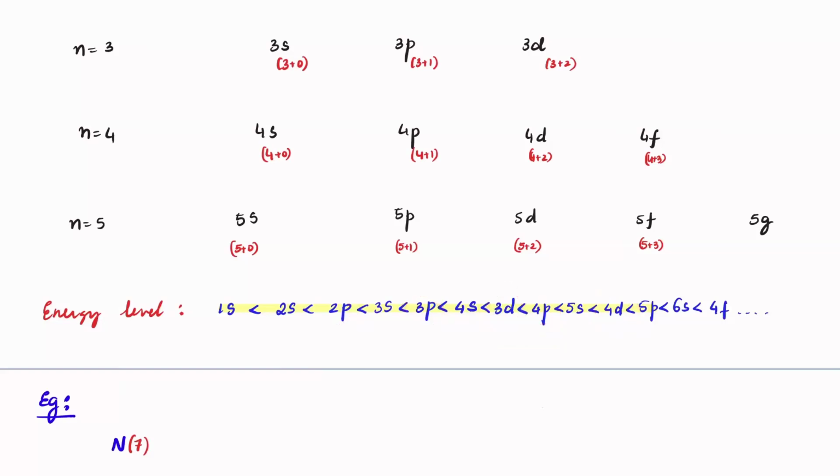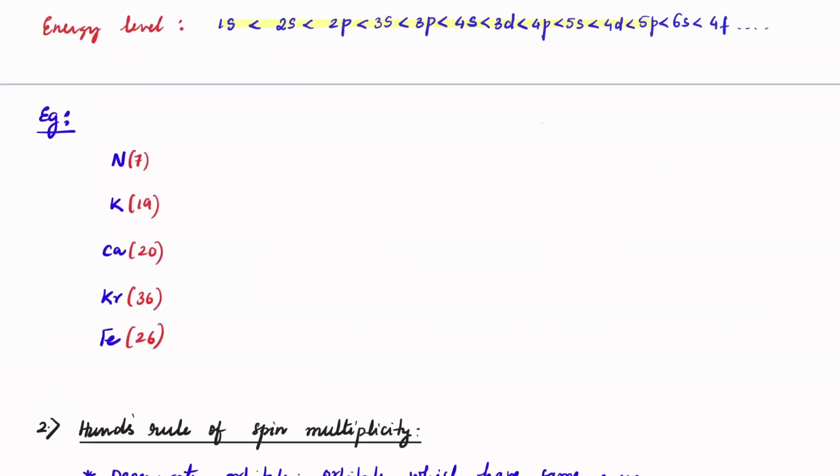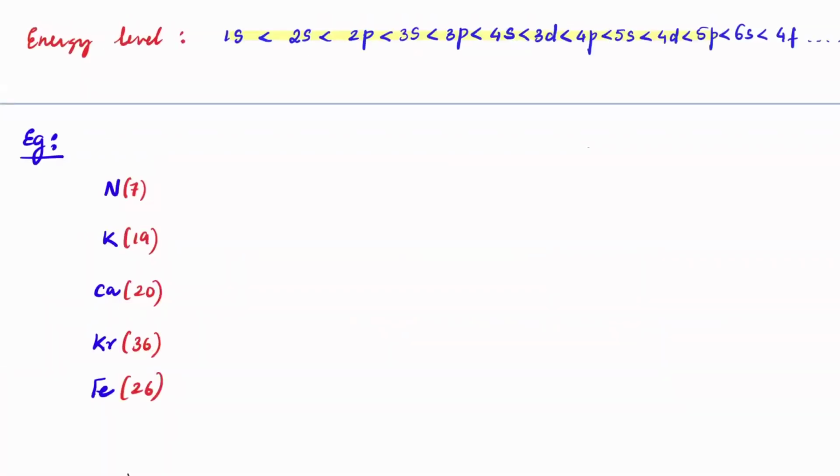So you keep filling them before you go to the higher orbit. Let me show you with some examples here. If we have nitrogen, atomic number 7, if you already have my pre-notes, please start writing in that. Otherwise, put it in the rough work. How do we fill the electrons for 7?